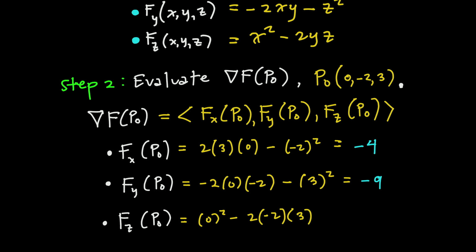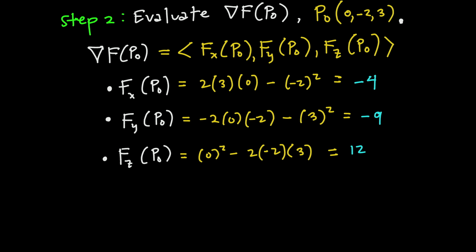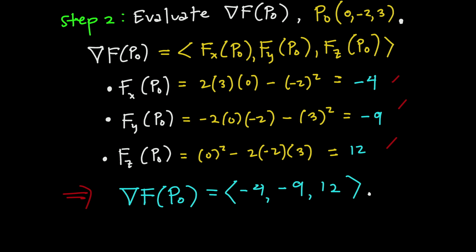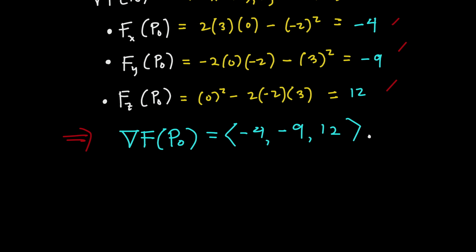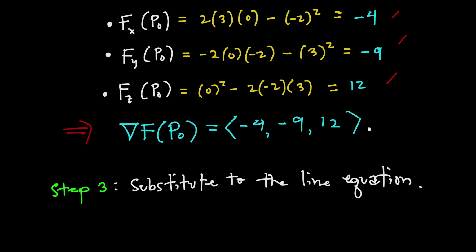So 0, and this one gives you the value equal to 12. This means these are the inputs of your gradient, so that the gradient of f evaluated at p sub 0 is equal to the vector (-4, -9, 12).